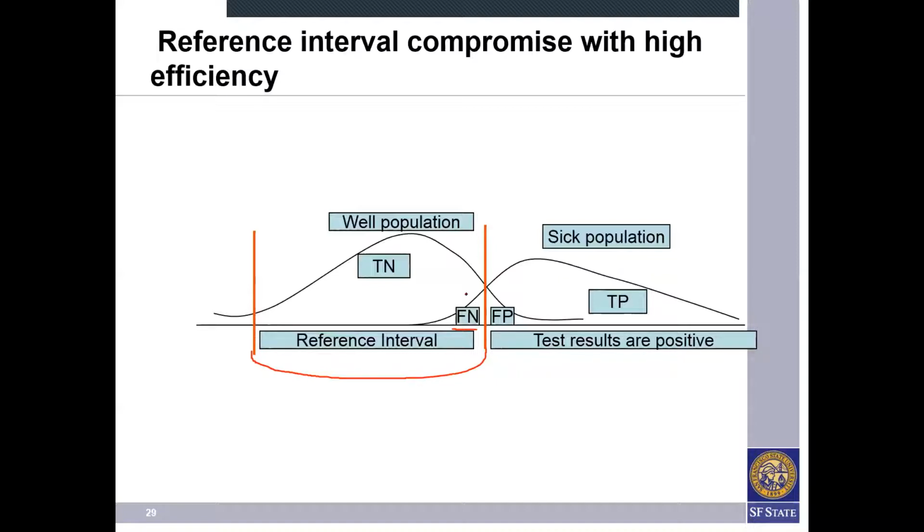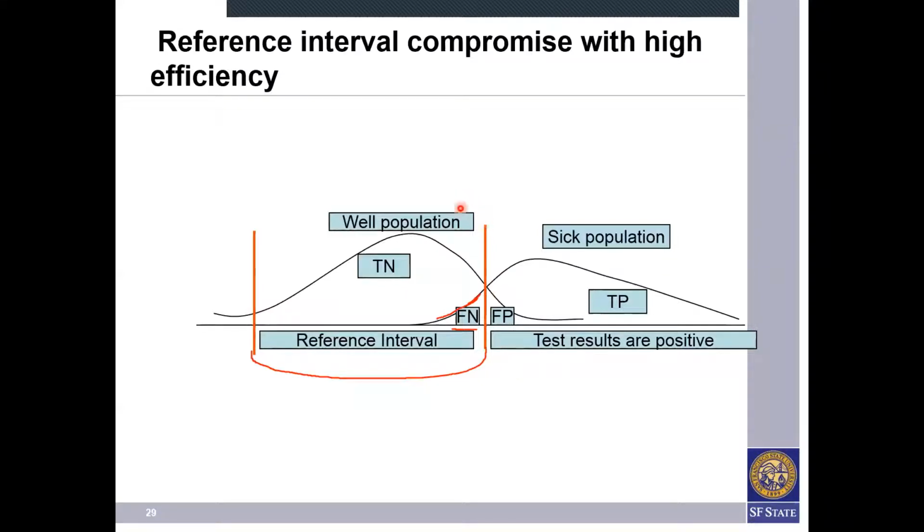Because we have someone who's actually sick, but they're falling in this range. And then we have some healthy people that are a little outside our reference interval, and those are going to be our false positives.